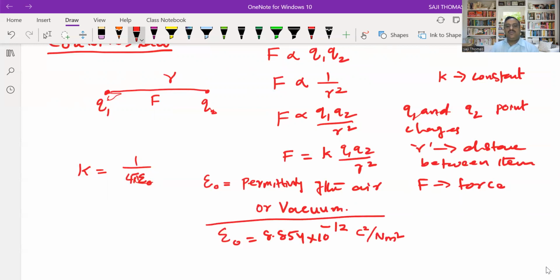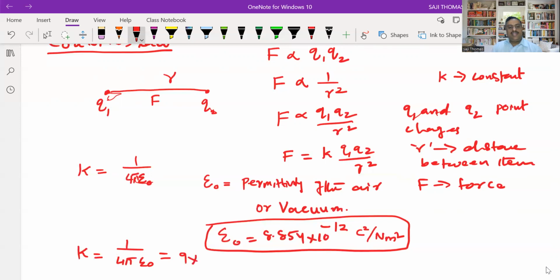This is the value of epsilon 0. And if you find the value of K, 1 by 4 pi epsilon 0, if you put the value of epsilon 0, this will be 9 into 10 raised to 9. The value of K will be 9 into 10 raised to 9 Newton meter square per Coulomb square.